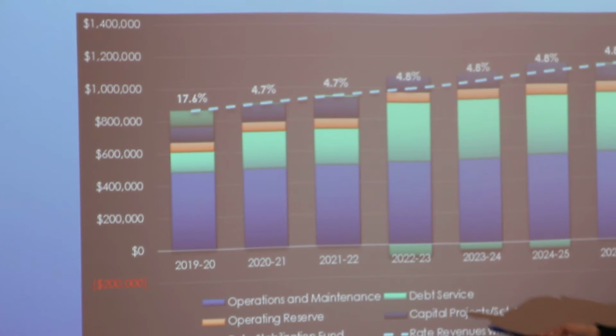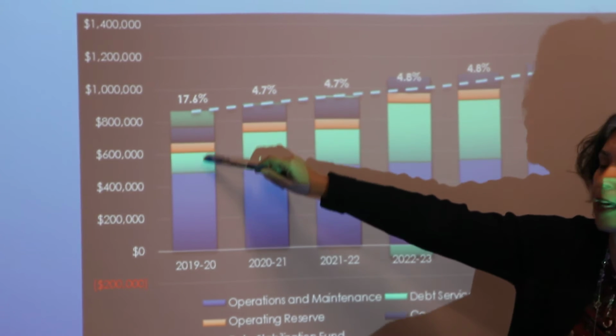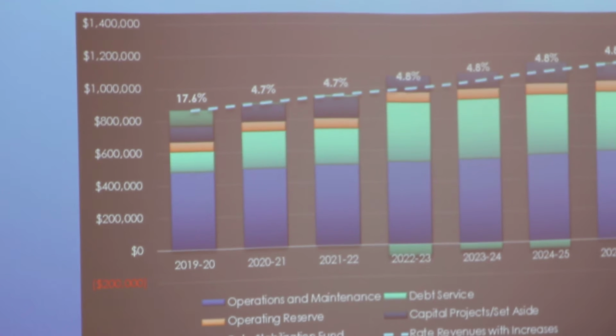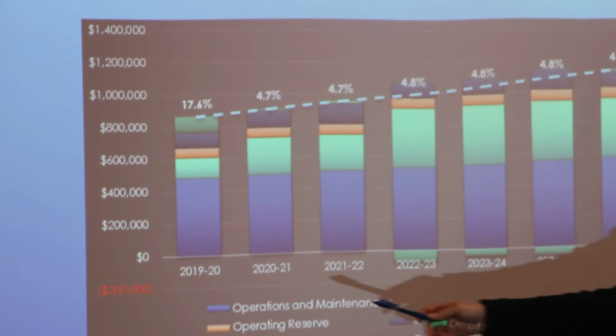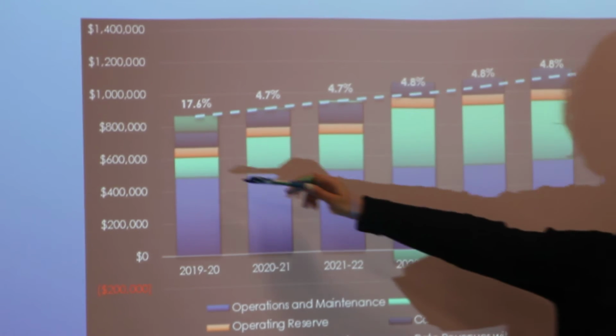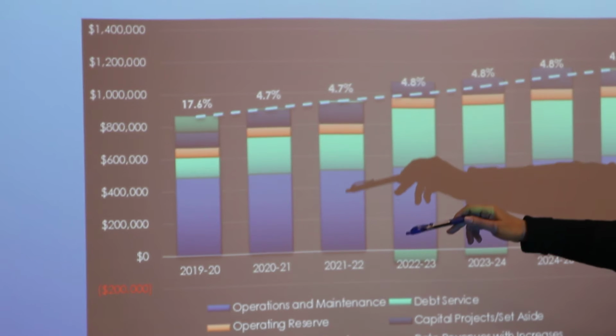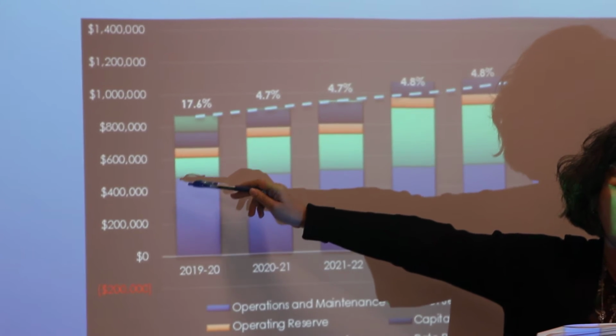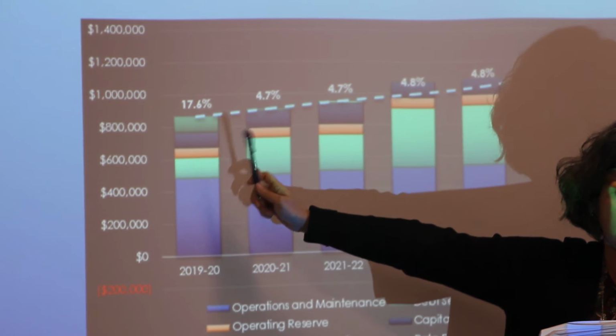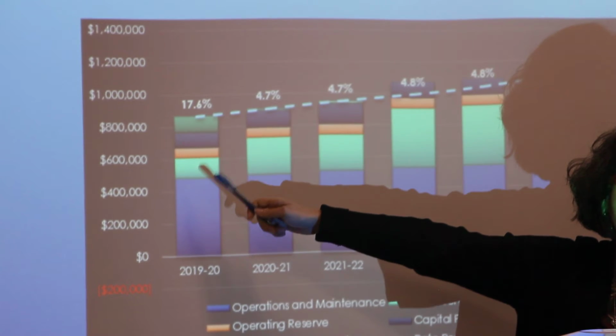Then you add on top of that your debt service. This next green bar is for loans that you're paying off. The current debt service is $46,378.